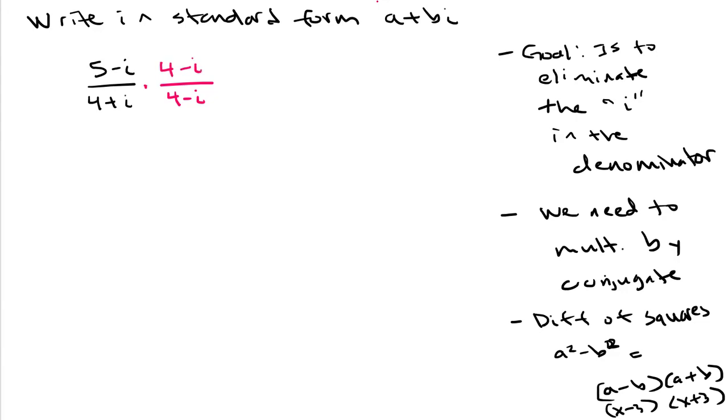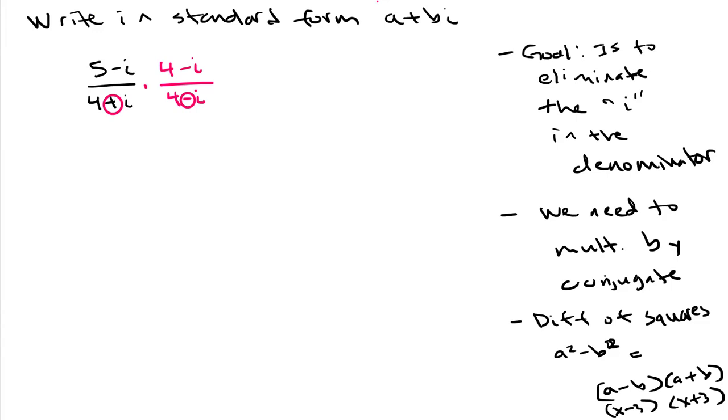It's like multiplying by 1. So we haven't changed anything, because this is still equal to 5 minus i divided by 4 plus i. But if I don't do it on the top and the bottom, that means I've changed the problem. So again, that's important. This is a positive, you want the opposite to be negative. Remember that.